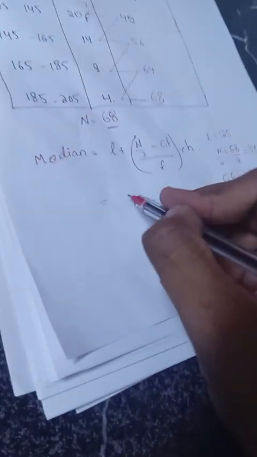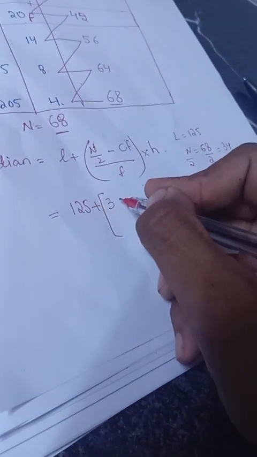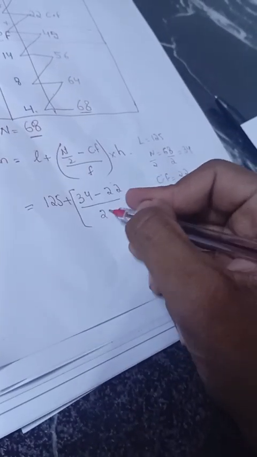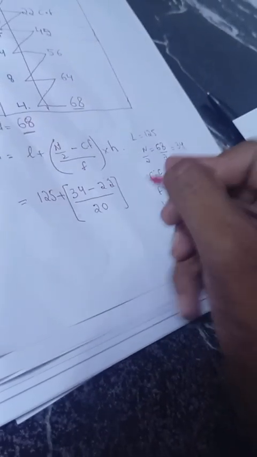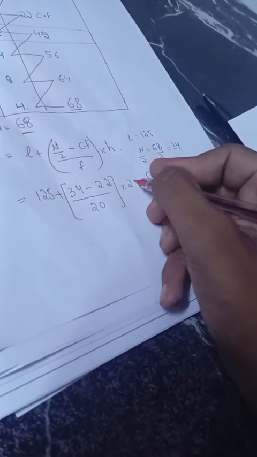So now you got all the values, right? So we'll be substituting here. In the place of L I write 125, plus N by 2, whose value I got as 34, so I write 34 minus CF, which I got as 22, divided by f, which I got as 20, then multiply with h, which I got as the same 20.